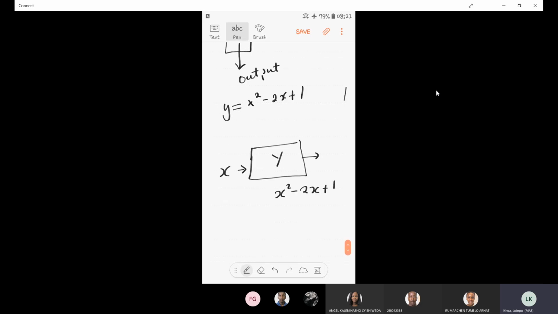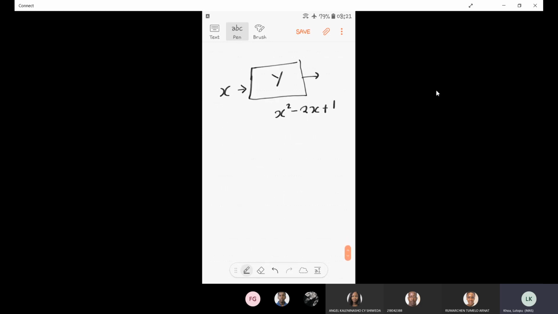Now in this case, when you have y is equal to x squared minus 2x plus 1, we say that x is the independent variable, and then y is dependent.